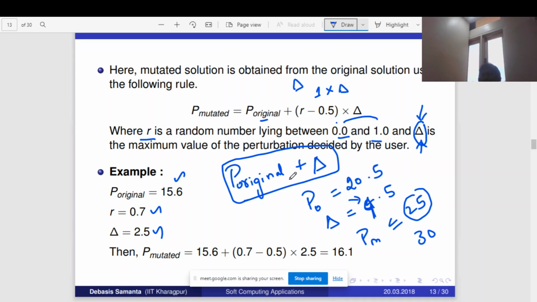That is how we got P original plus delta. So if P original is this, R is this and delta is this, then this will be the mutated value. For 15.6, R 0.7 and delta 0.5, the result is 16.1. In this case, for this example, the mutated string will not exceed what value?